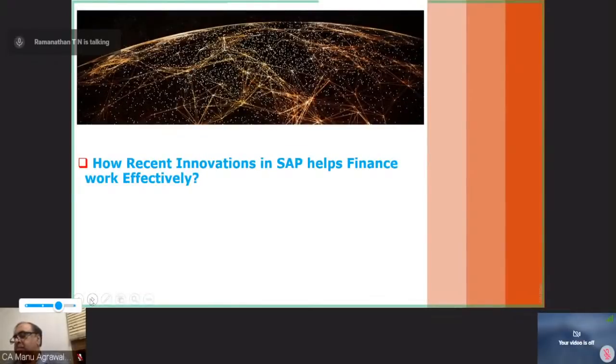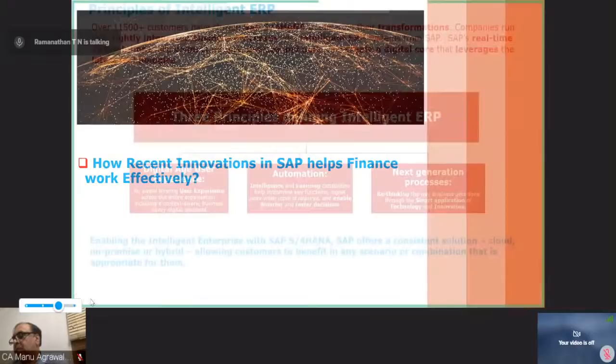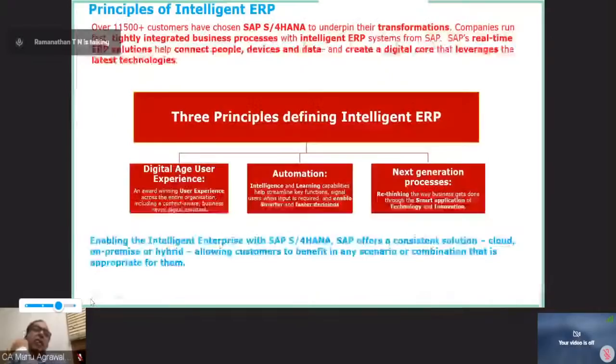So now with this understanding in mind, let's get back to what the critical aspects are which an intelligent ERP typically looks at today. One is the state-of-the-art user experience, which we talked about. Then what, right?